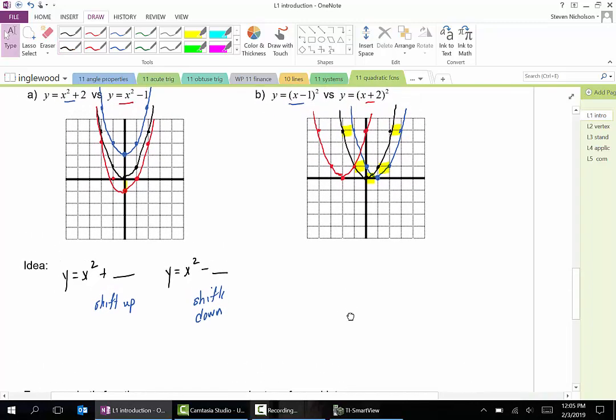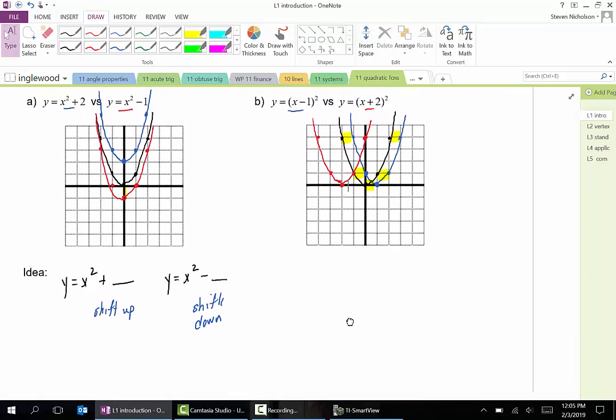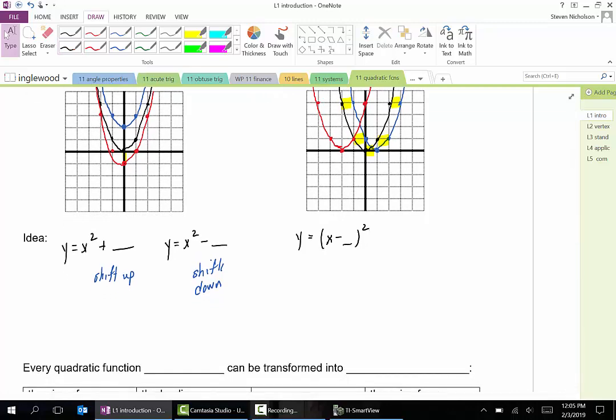So again, our key ideas are we're changing what the function looks like. We're putting in some numbers and we're seeing what happens. So the key idea right here is when we have x minus something, when we have our equation that looks like that, what that minus does is it shifts to the right.